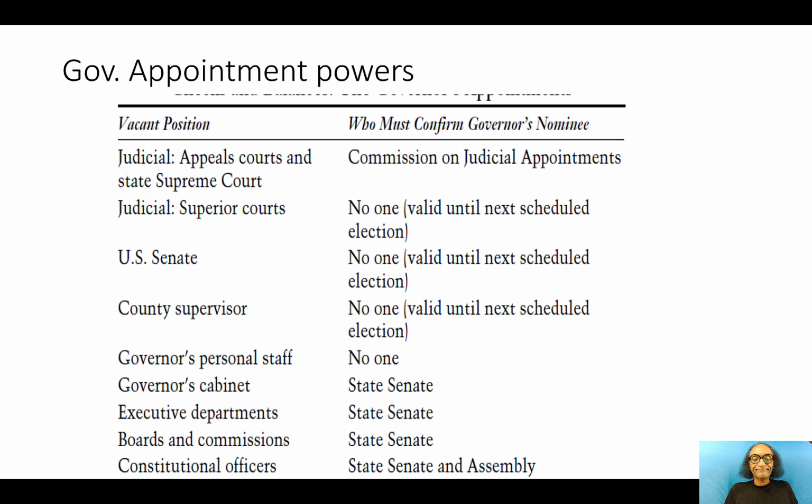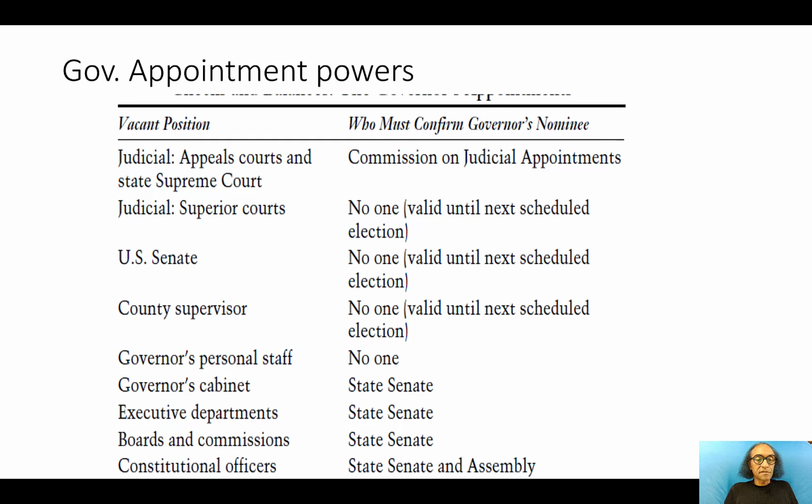Just a chart here, and give you a quick overview when there are vacant positions, including vacancies in federal offices.